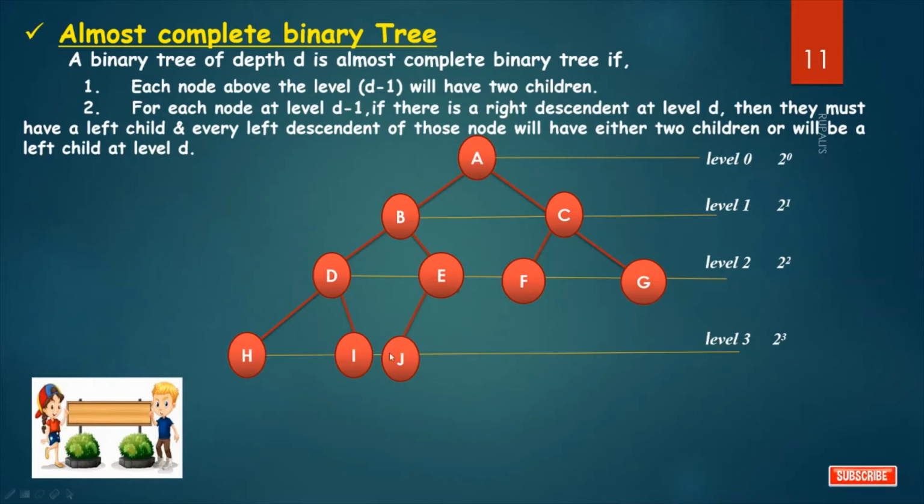See here, means what? If there is one right child, then there should be one left child, or if there is only one child, that should be the left child, not the right child.